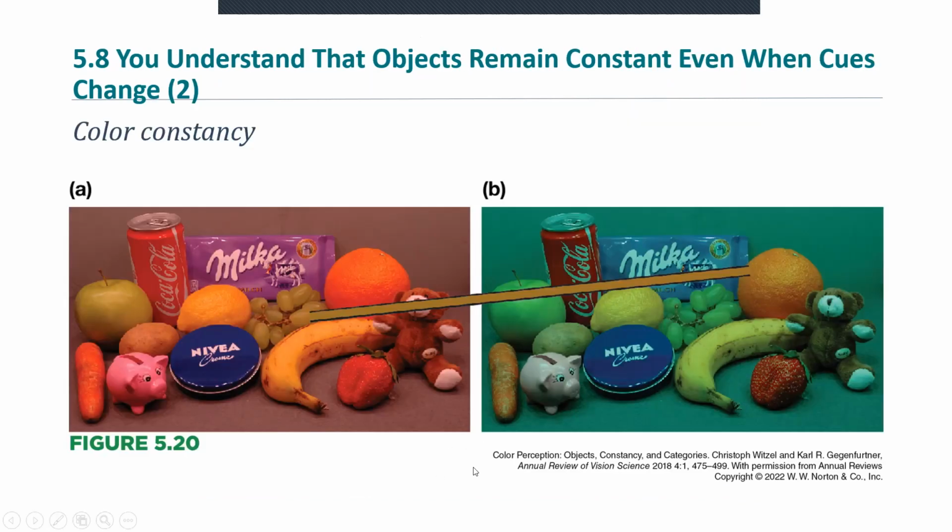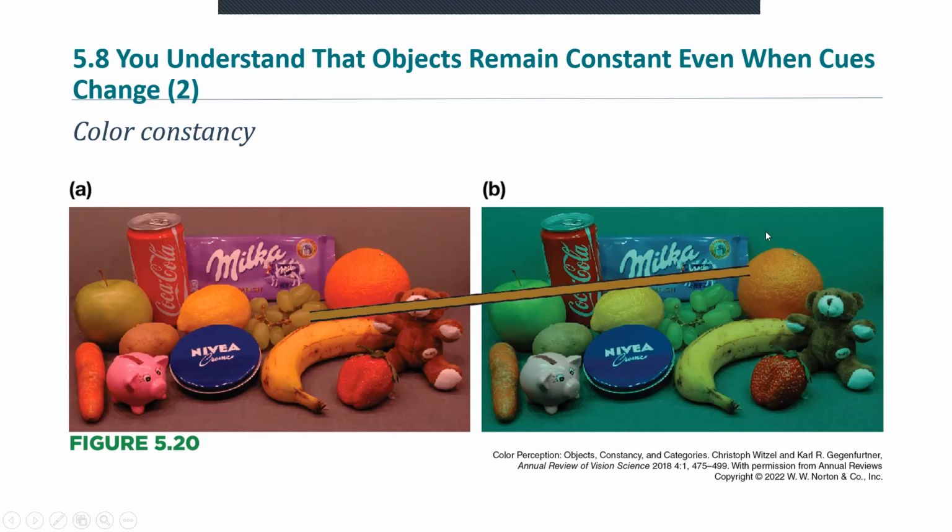Okay, here's another example, from the book. They've taken these two photographs of the same objects. The first one has reddish lighting. The second one has greenish lighting. Because of color constancy, we see these grapes in the first picture and the second picture both as being green.